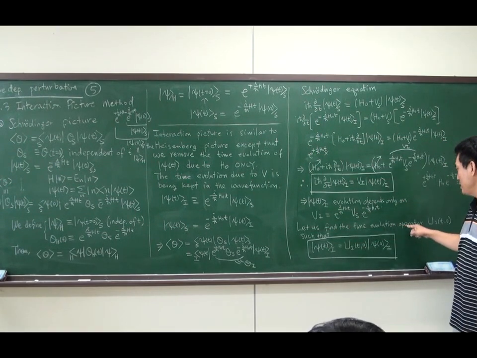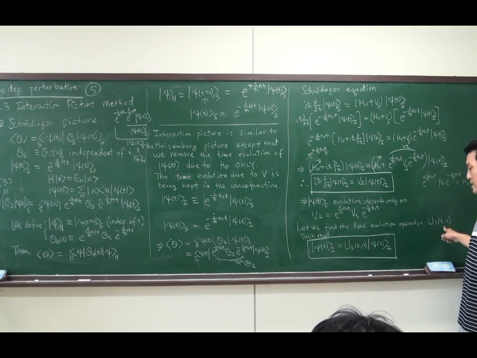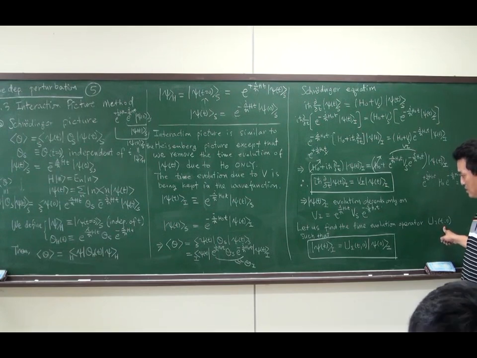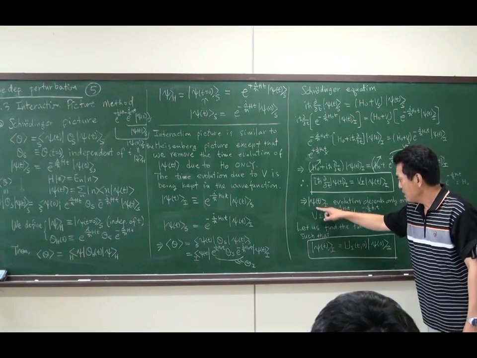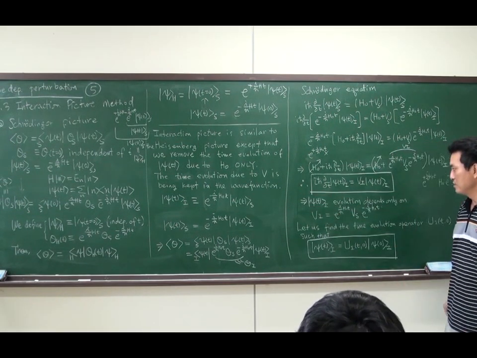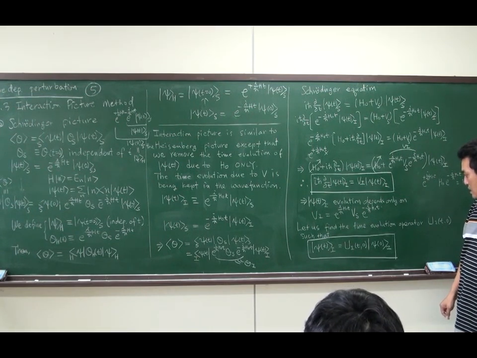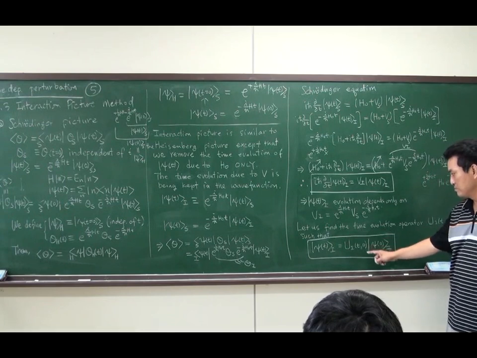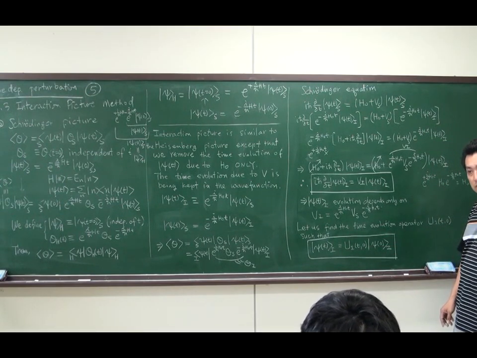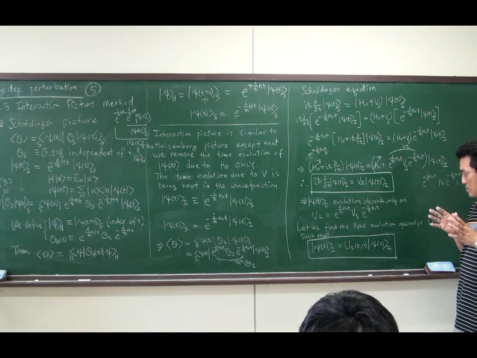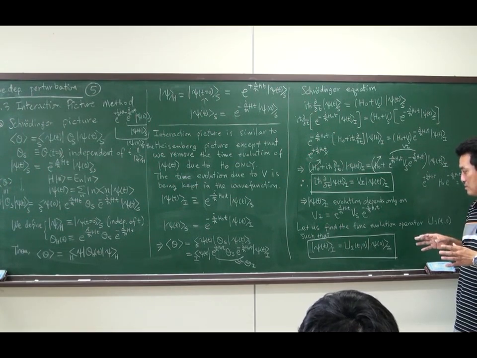Let us find the time evolution operator U_I(t, t0). Then let us define. I'm interested in the state evolution in the interaction picture, and I'd like to know this operator. Then I can do any calculation at time t.